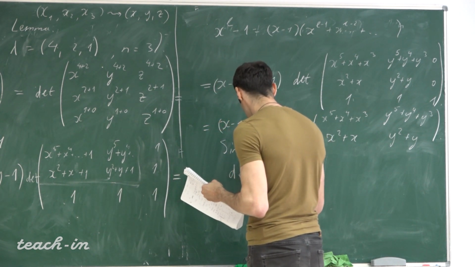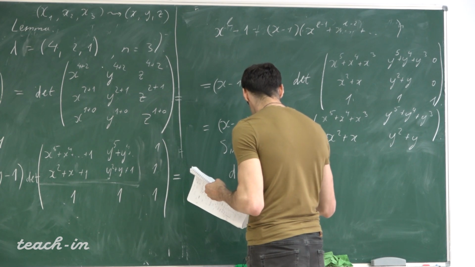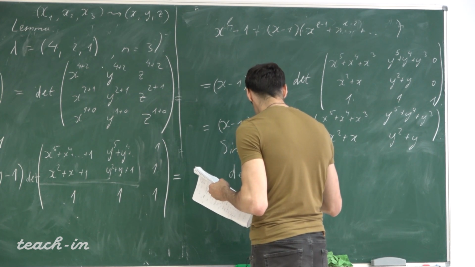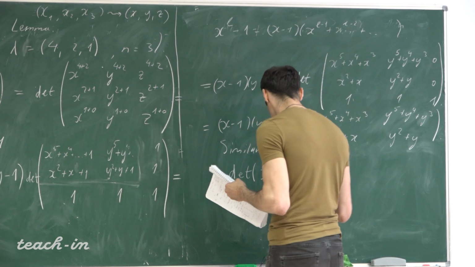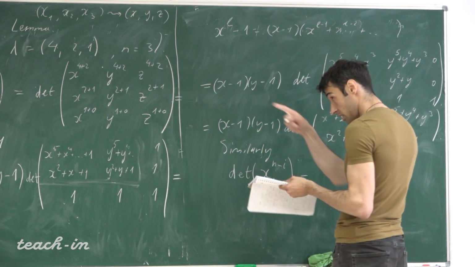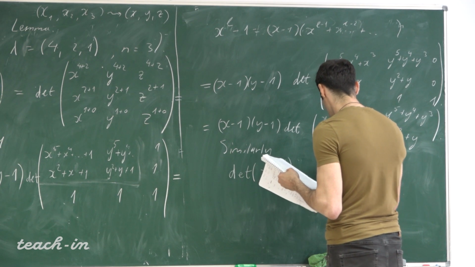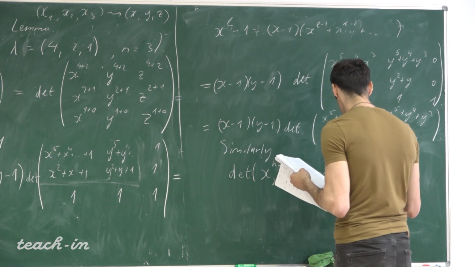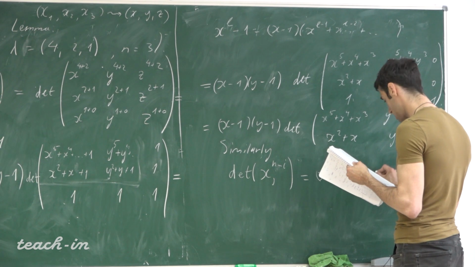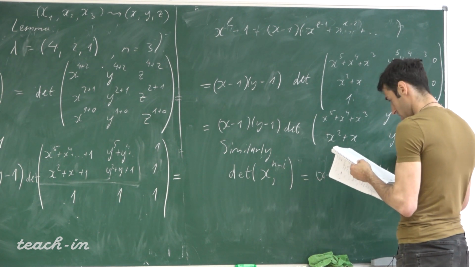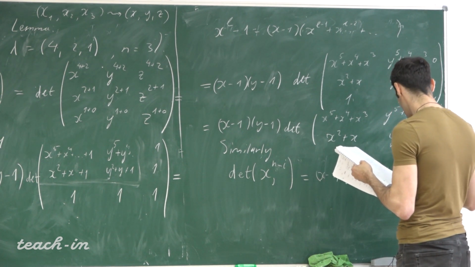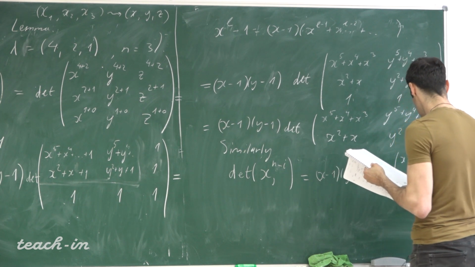So we have determinant of x_j to the n minus i. In this particular case, it will be x minus 1 times y minus 1 times the determinant of x, y, 1, 1.